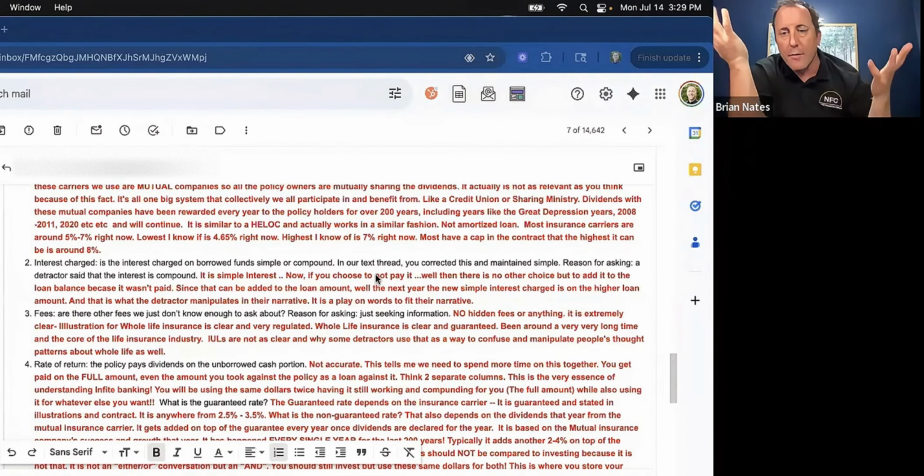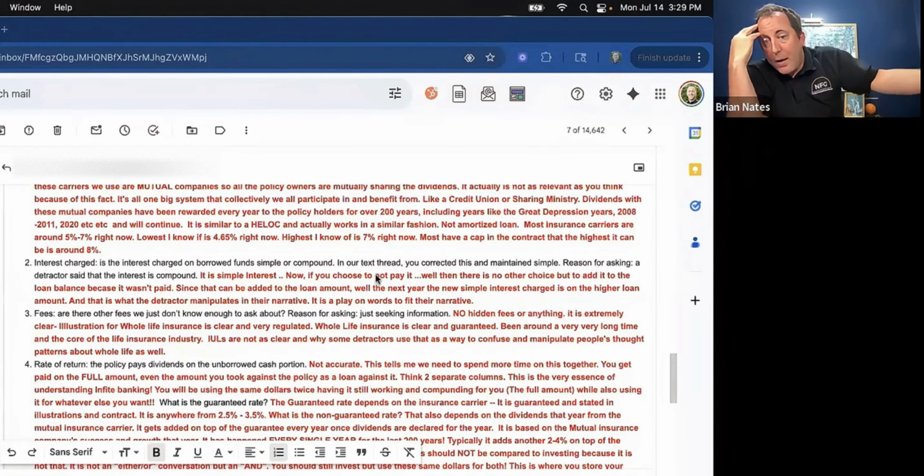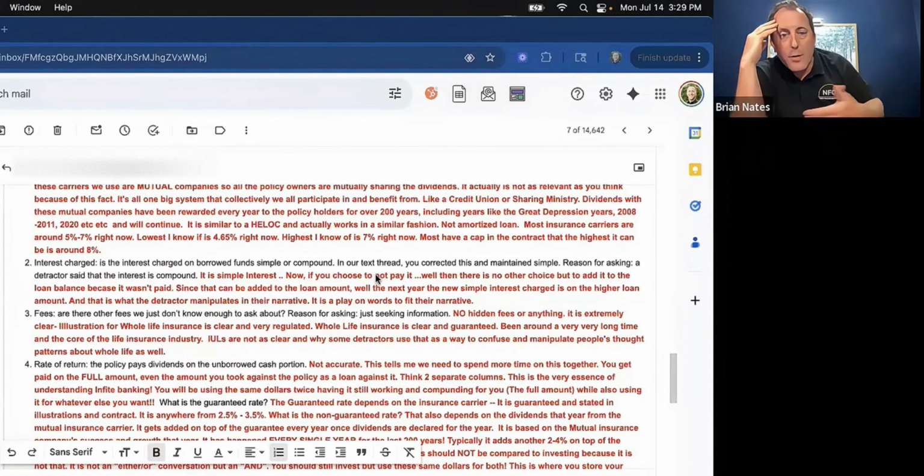Because look, what else are they going to do if you haven't paid the interest? It's simple interest calculated every year. If you don't pay it, that interest has to be added to the loan amount. The interest due wasn't paid, so they added it to the loan amount. So the next year, the new simple interest calculation has to be on the total amount, right?